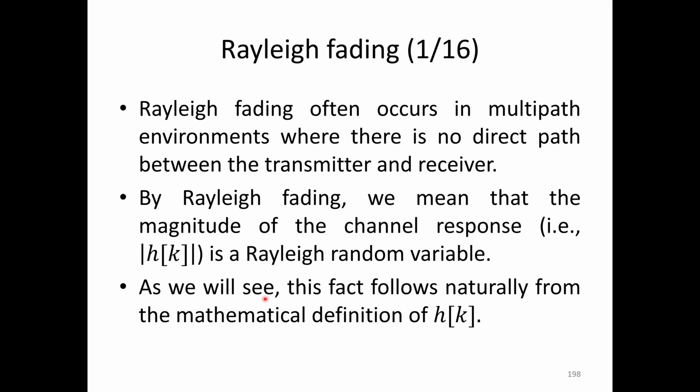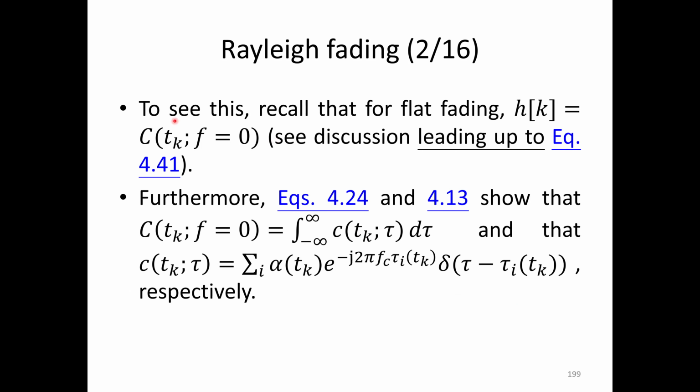As we will see, this fact follows naturally from the mathematical definition of h of k. To see this, recall that for flat fading, h of k is equal to capital C of tk, f equal to 0. See discussion leading up to.